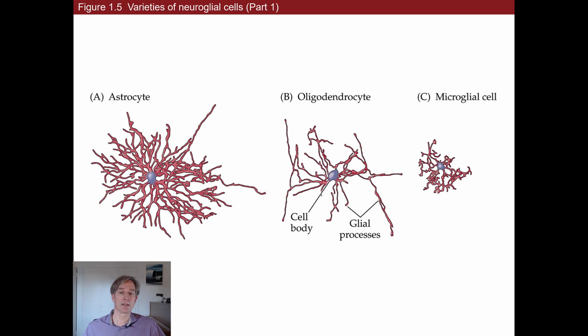Glial cells include oligodendrocytes, astrocytes as here, and microglial cells, and also Schwann cells and satellite cells that are not shown here. The human brain contains about 100 billion glia, the same number of glial cells as there are neurons.